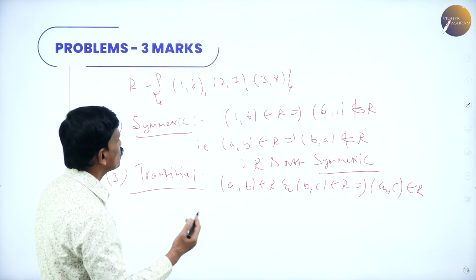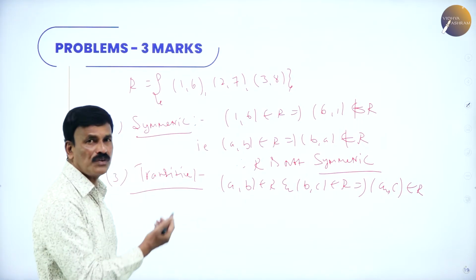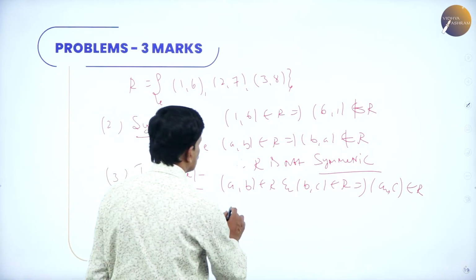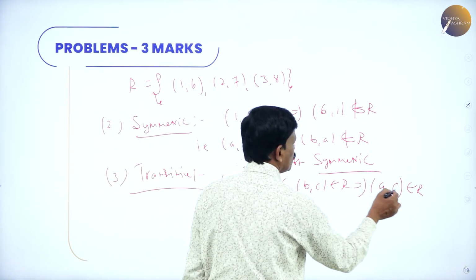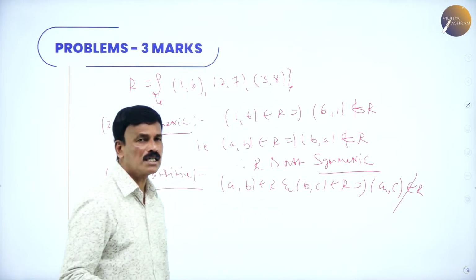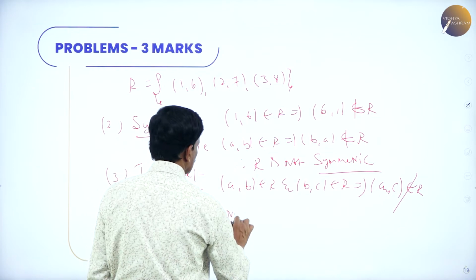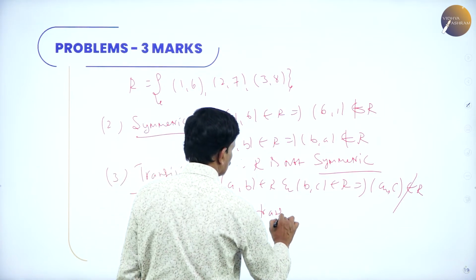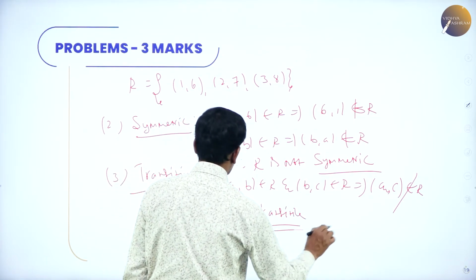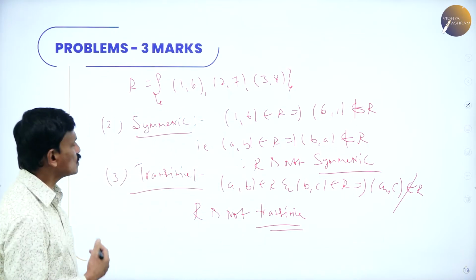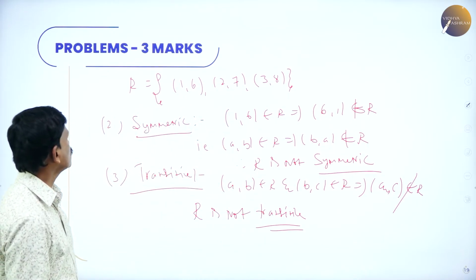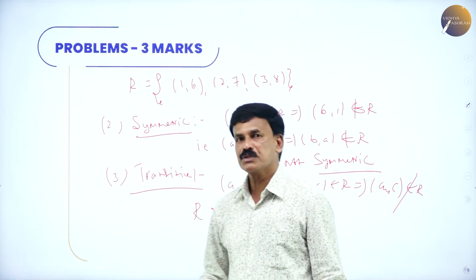By just looking at the problem we can say that A comma B belongs to R, B comma A belongs to R implies A comma C does not belong to R. Therefore R is not transitive. So hence this is neither reflexive, symmetric nor transitive. That's it. Now let us come to the next problem.